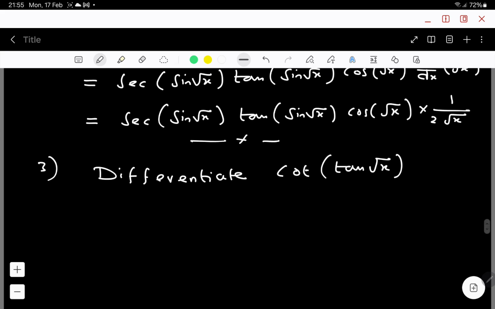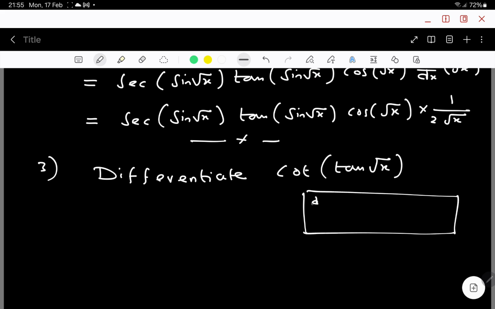So you know basically differentiation of cot x is minus cosecant square x. d by dx of cot x is minus cosecant square x. Instead of x, we get tan root x in the bracket. First differentiate cot and then differentiating tan root x.